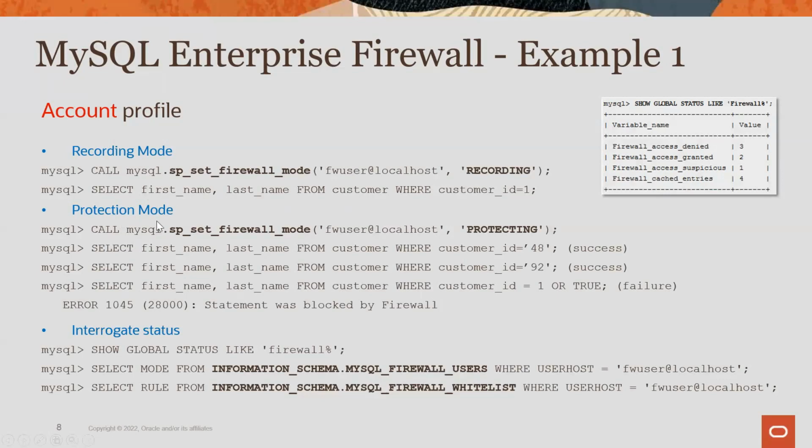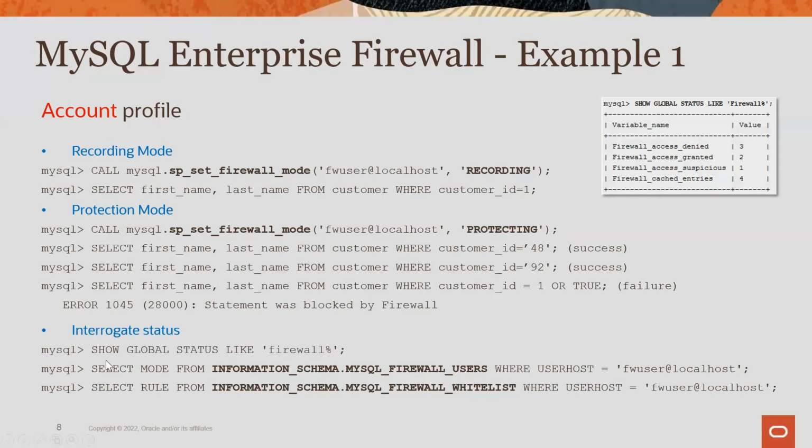Now, when the protection mode is turned on, let's say a similar statement, but with different variable values is executed. This statement will be checked against the allow list and is going to be processed. Now, if an additional statement variable is added, as it often happens in SQL injection attacks, as we see, it's going to be blocked by the firewall.